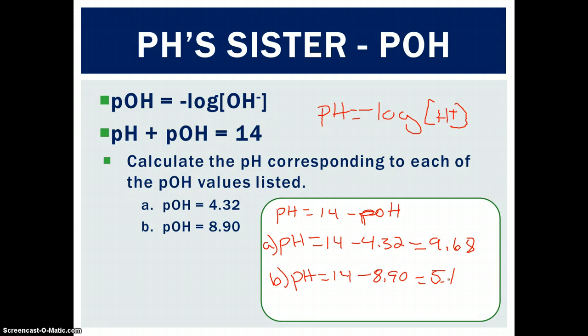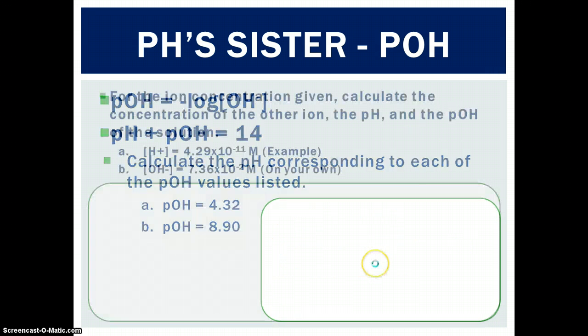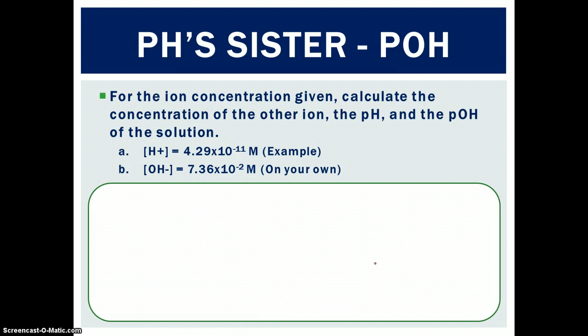Based on all of these relationships, you only have to be given one value, one ion concentration, and from that you should be able to calculate the other ion, the pH, and the pOH. I'm going to do one example for you and expect that you do the other one. Alright, so first I'm given H+. First thing I can do, apply Kw to find hydroxide ion concentration.